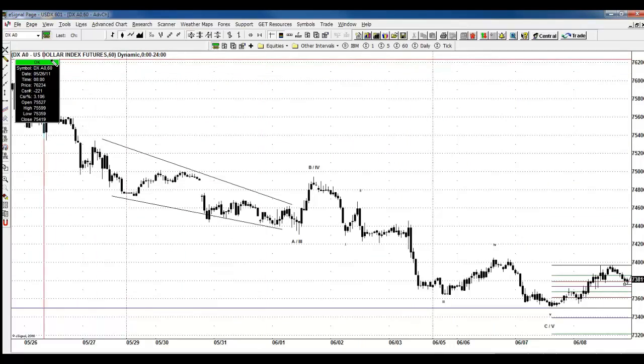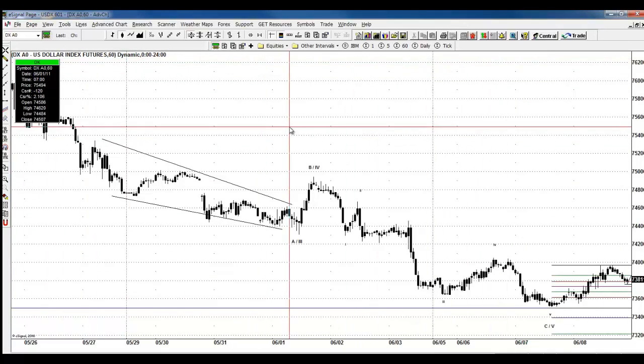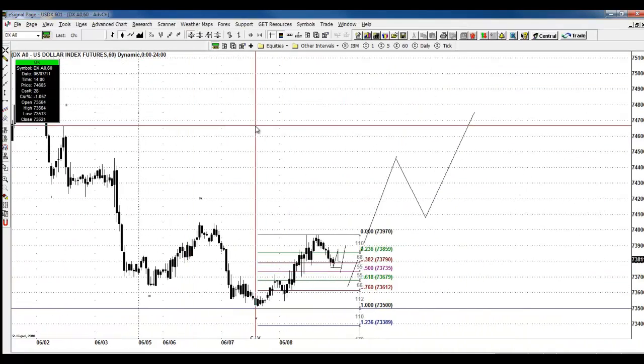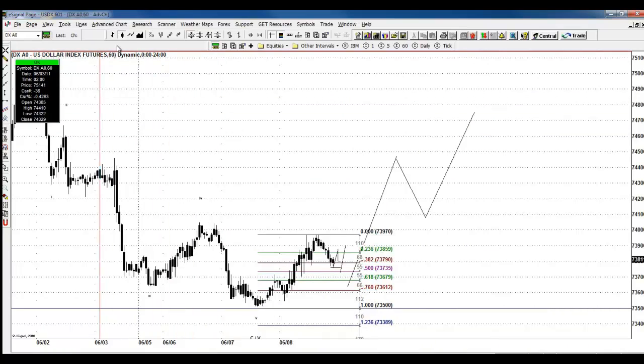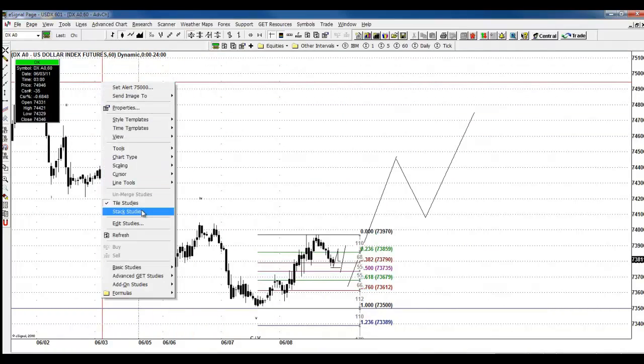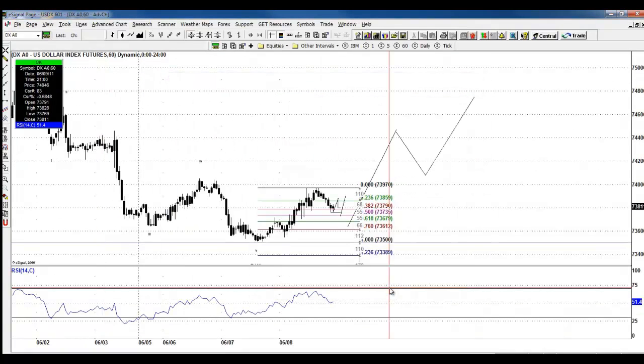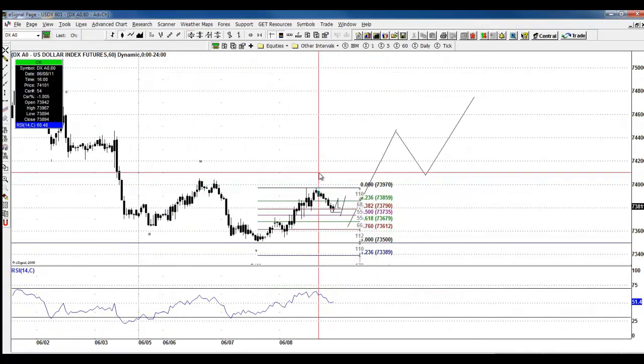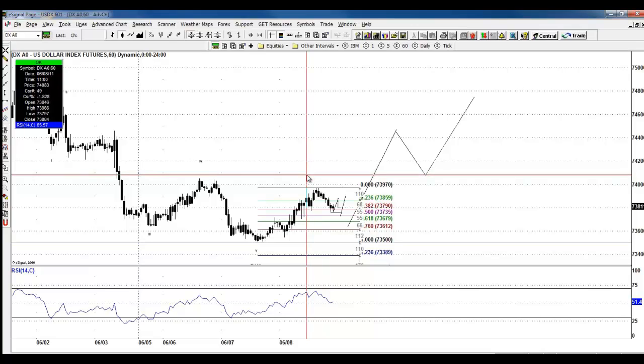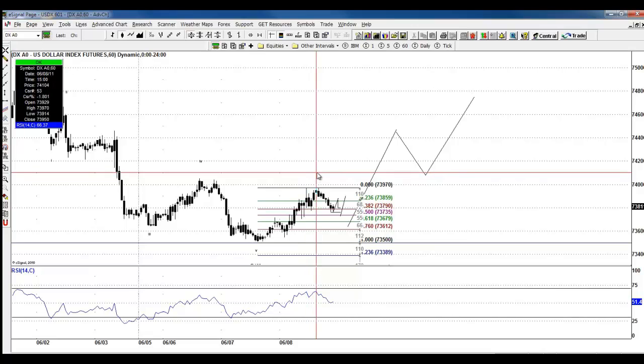Another thing that I want to show you guys is in the hour. Let me put the RSI. If you put the RSI in the hour, look, there is no divergence. This is 65.57, this is 66.37.